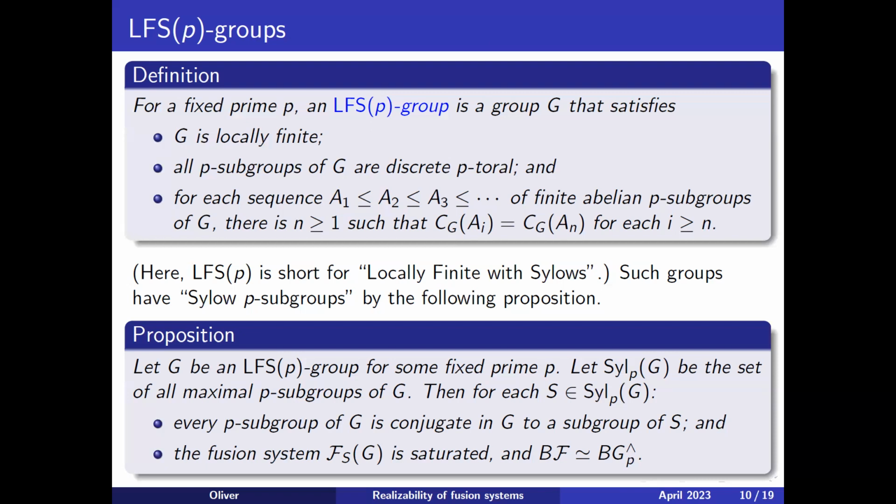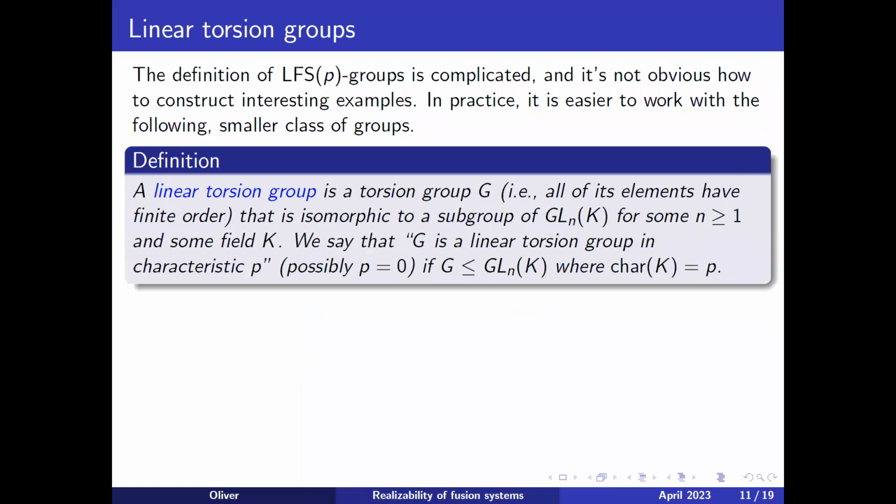So that right away tells you that things are going to get messier. But anyhow, with all three conditions, you get what you want. Sylow subgroups are conjugate to each other, and you get a saturated fusion system.